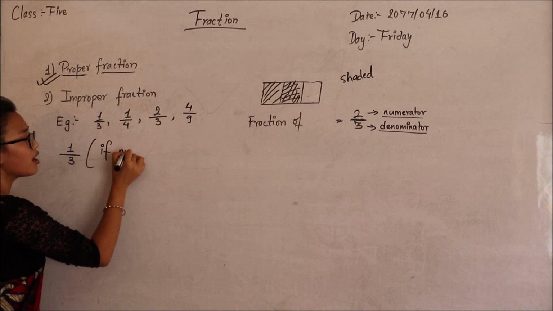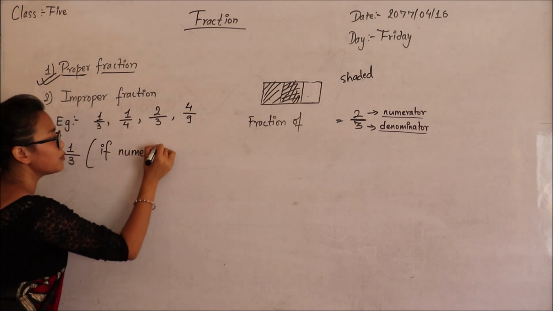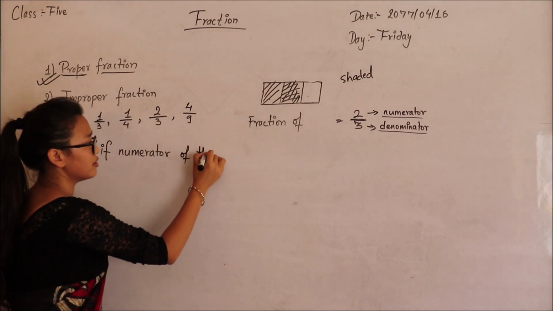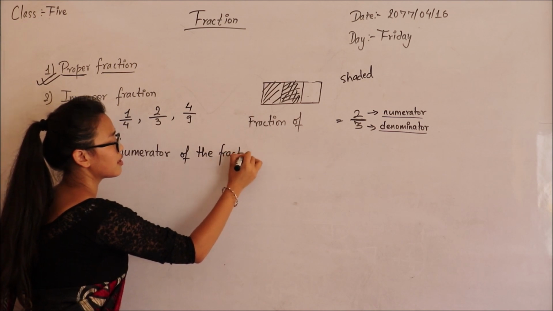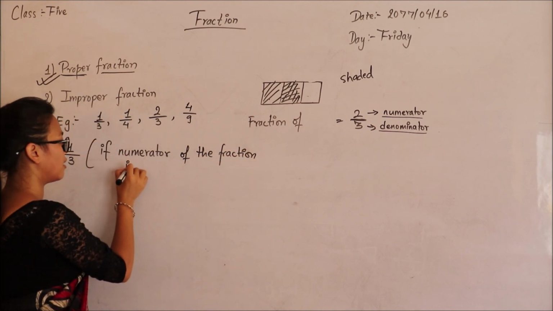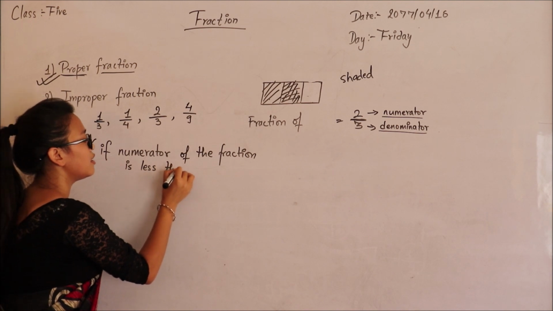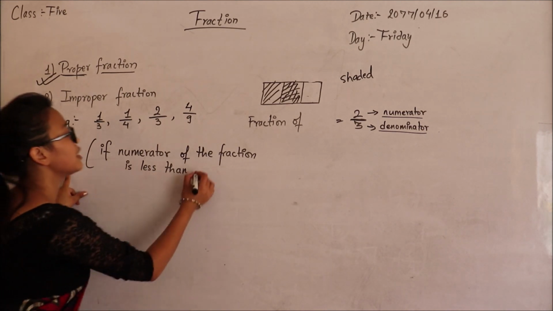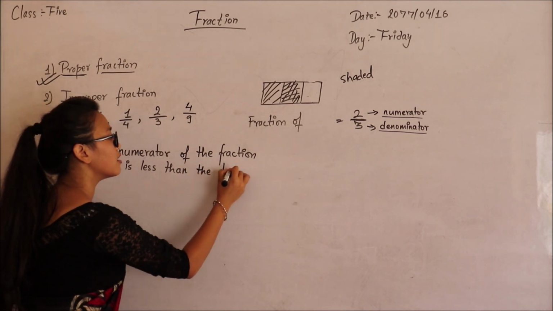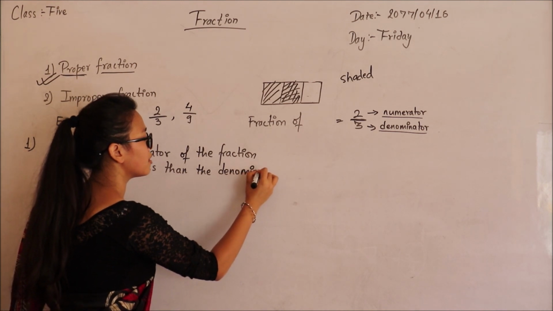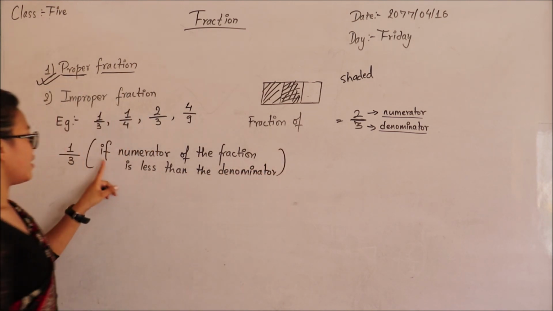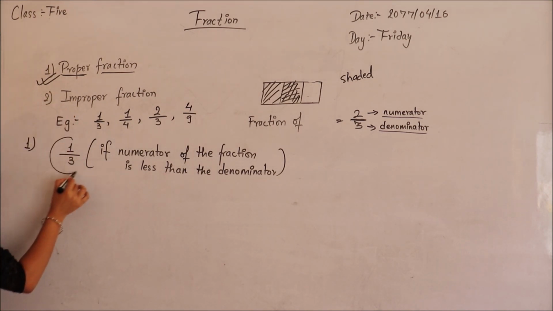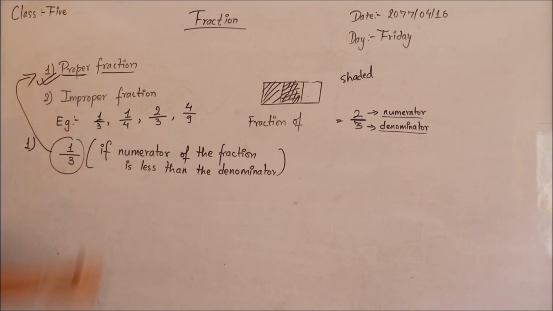If the numerator of the fraction is less than the denominator, then the fraction is supposed to be proper fraction.